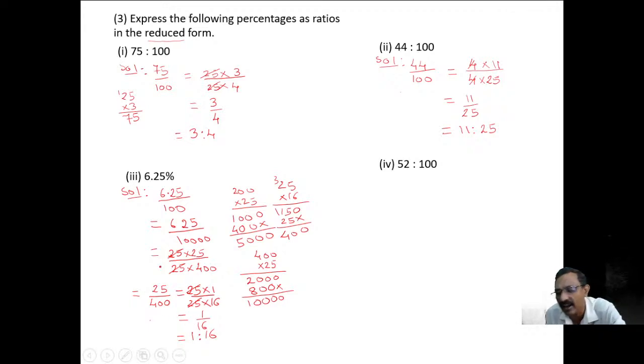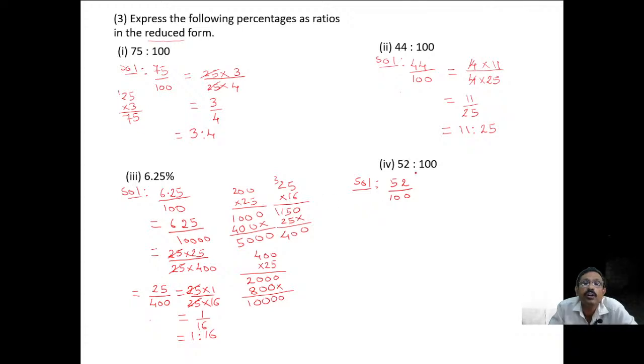Let's take one more example. 52 is to 100. Very, very simple these examples are. Let's first write it in the form 52 upon 100.